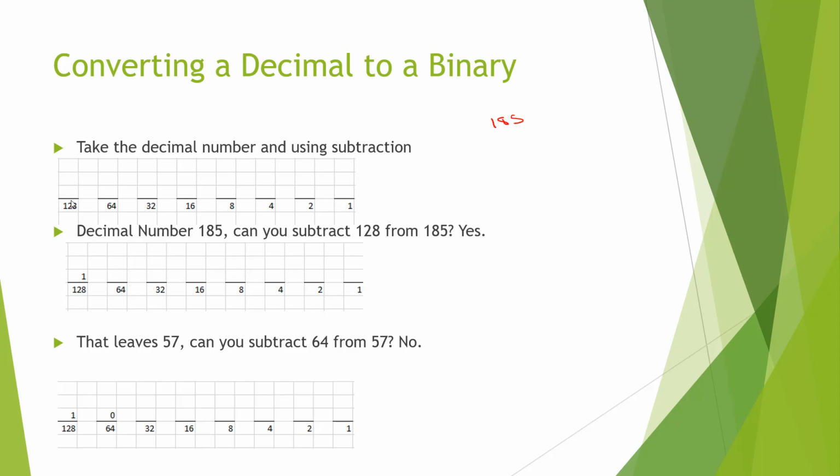Starting from the far left, can this number be subtracted from the number we're trying to convert, 185? Can 128 be subtracted from 185? Yes, it can. So we put a 1 there. 185 minus 128 is 57. Can 64, the next number, be subtracted from 57? No, it can't. So you'll notice there's a 0 there.